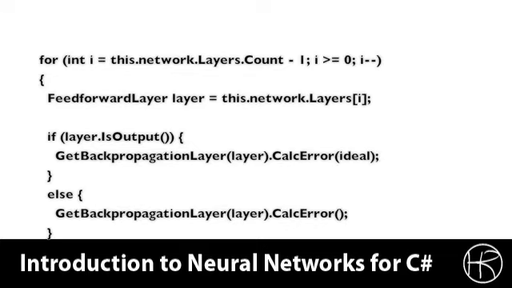We'll get to what that difference is in a moment when we actually look at it. If it's an individual layer, then we simply call the calculate error that does not pass in the ideal. This second calculate error is simply going to look at the next outer layer to determine what its contribution was. This process continues from the output layer all the way to the input layer until all errors across the network have been calculated.